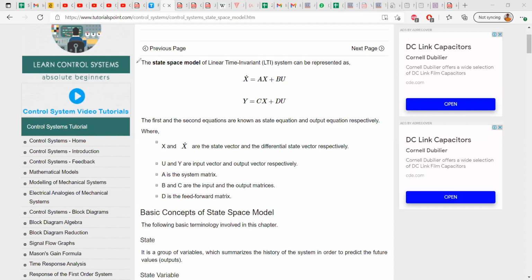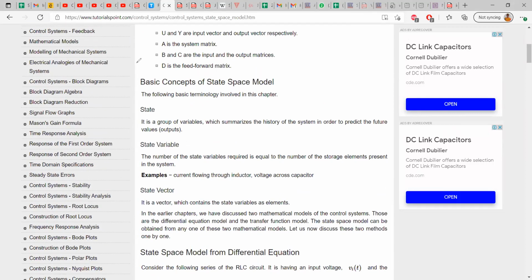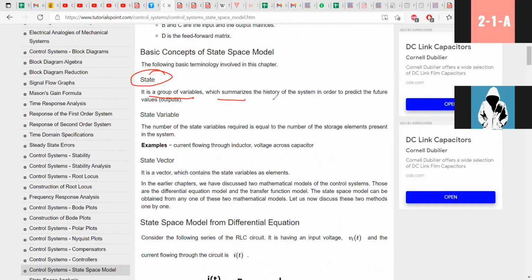Basic concepts of state model. The first one is, what is state? State is a group of variables which summarizes the history of the system in order to predict the future values.